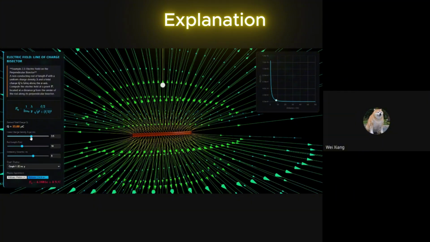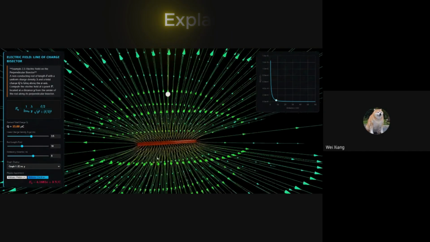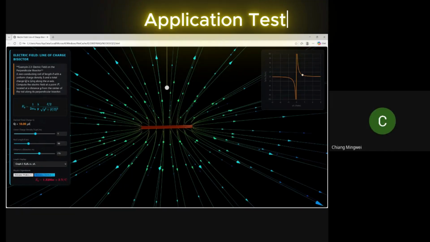And there is also the graph. Other than the graph, there's also the test charge, which can show us how the proton and electron react to this electric field.